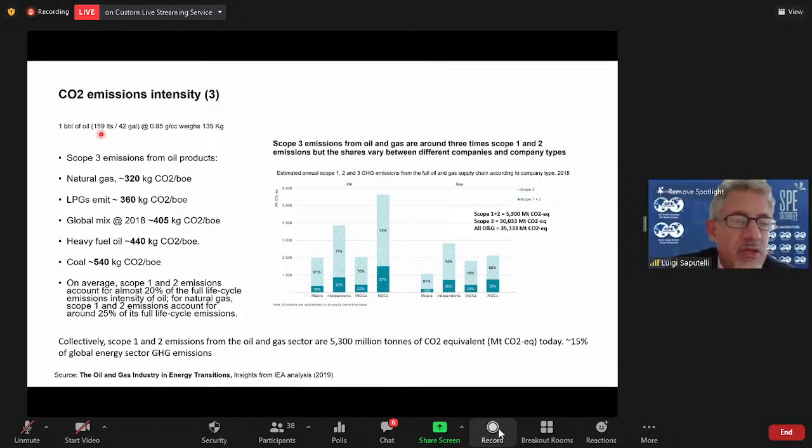If we consider a normal oil with a density of 0.85 grams per cc, one barrel of oil weighs about 135 kilograms.